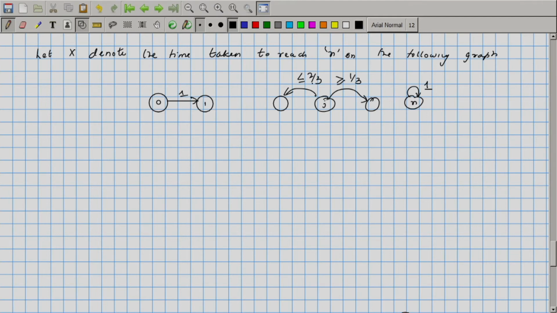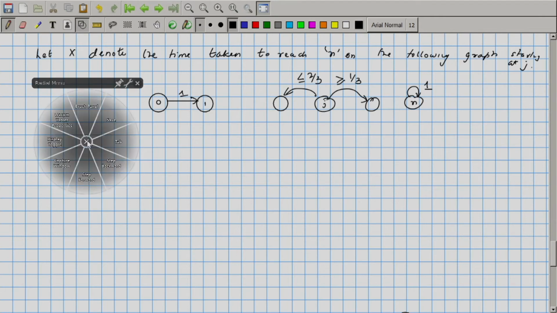So, if you start at some random place inside this particular graph, when you define the random variable x as the time taken to reach n, we also need to specify the starting point. So, let us say starting at j. If you start at the position n, if j equals n, then you will reach in no time, and for the others it is going to depend on the particular structure.